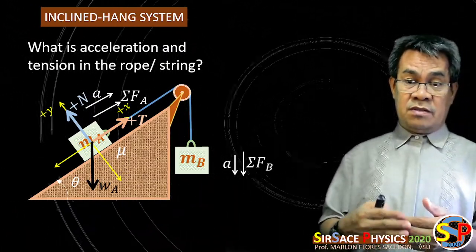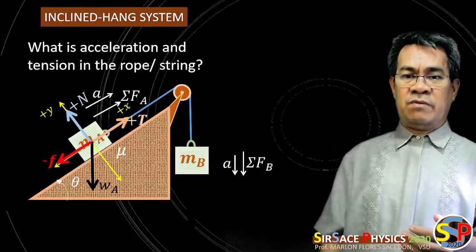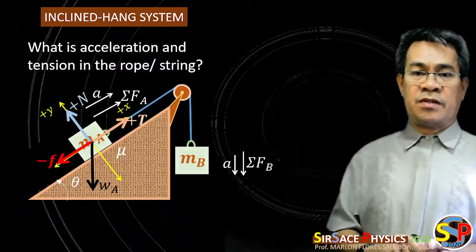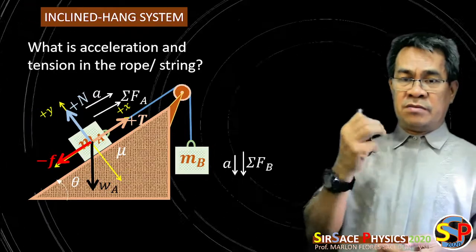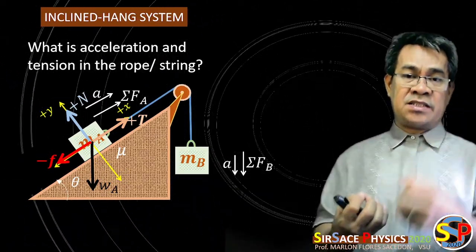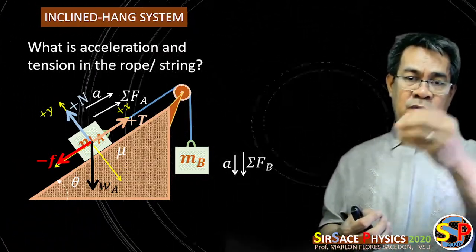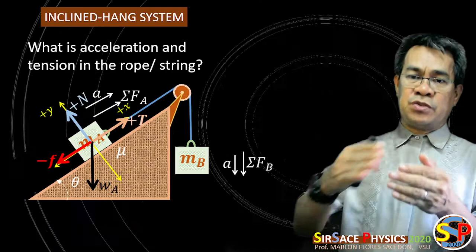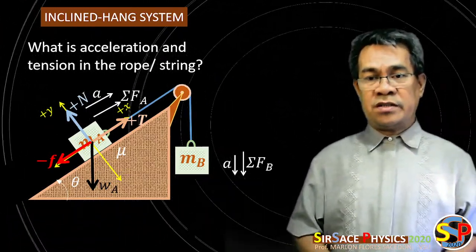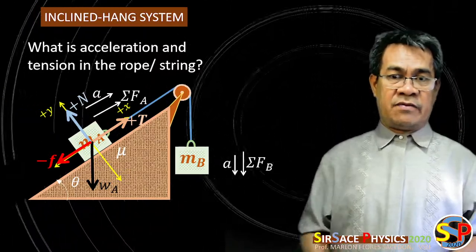If we have the coefficient of friction and the normal, then we must have the friction. Remember that friction is mu times the normal, and friction is always against the motion of the particle. Since A will tend to move upward, friction should be directed down the plane, so it should be negative F as the frictional force.